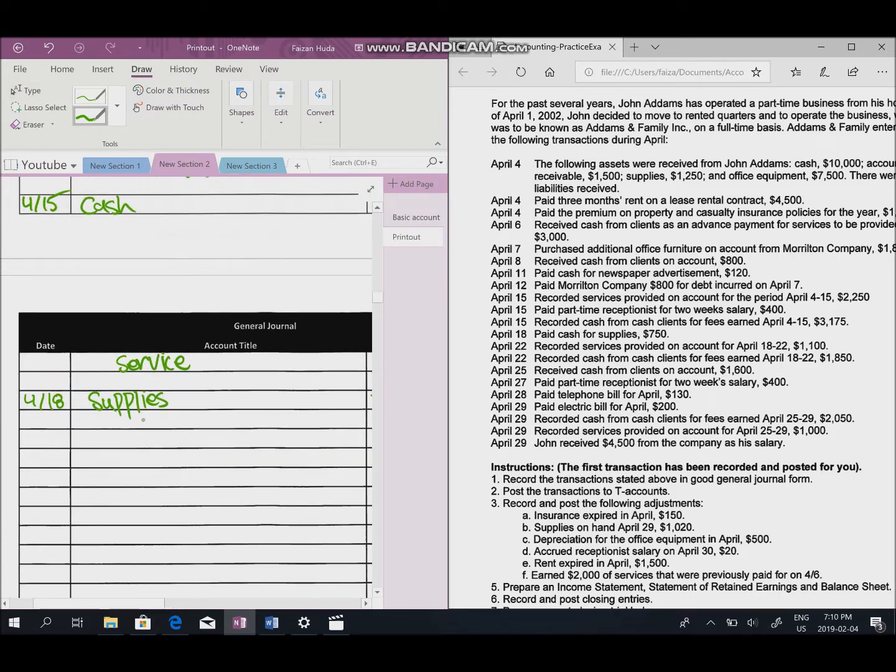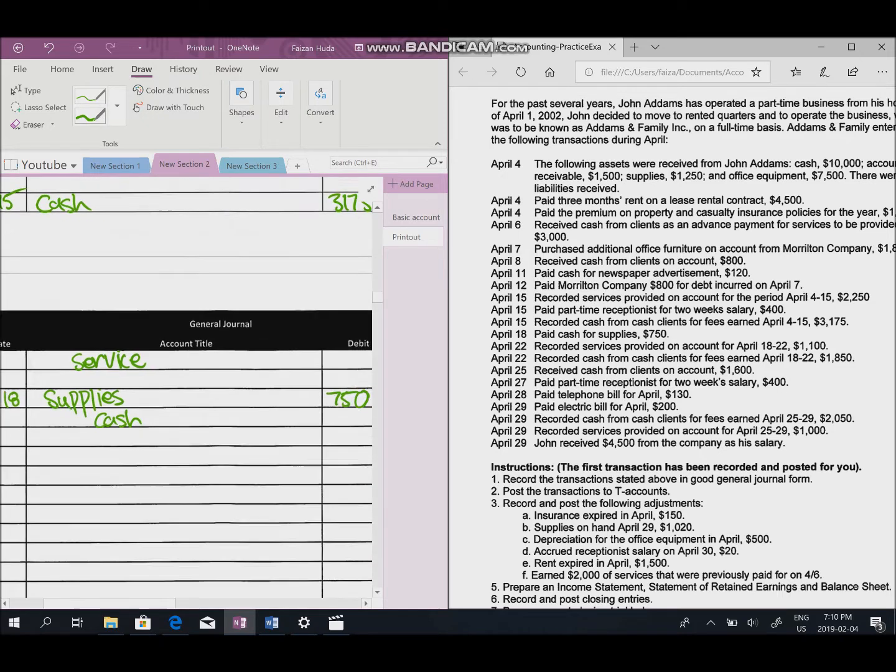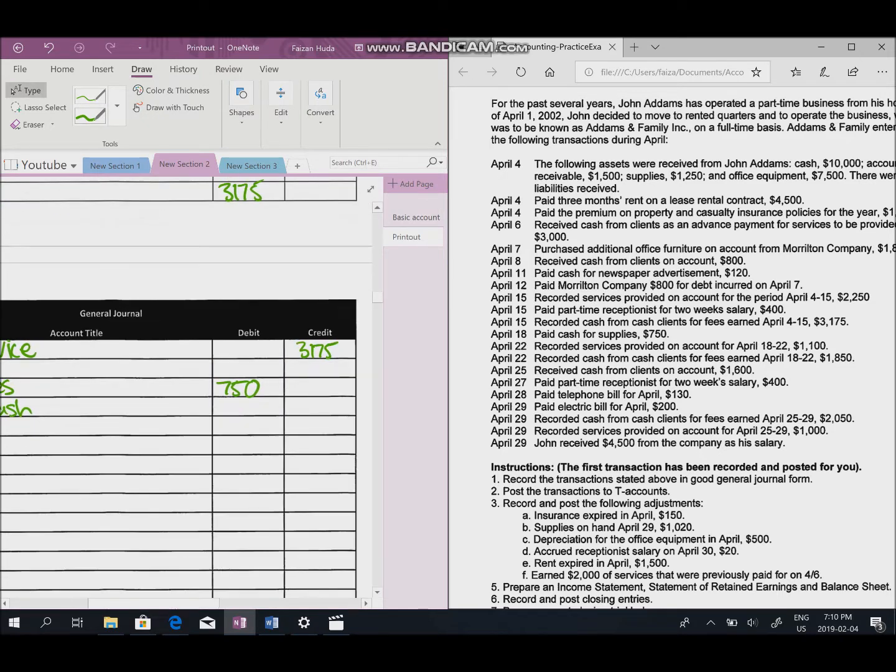And since I paid cash, whenever you pay cash, this is common simple logic. Your money goes away. You no longer have that cash since you paid for your supplies using cash. So cash goes out, and whenever cash goes out, I'll of course credit it to decrease my cash account. So $750.